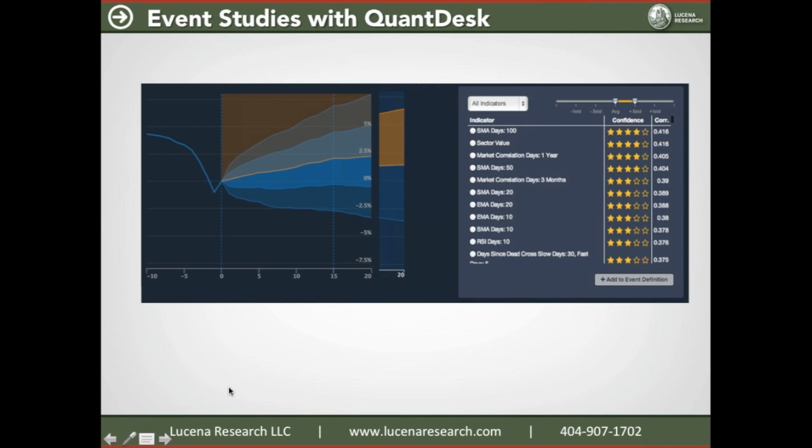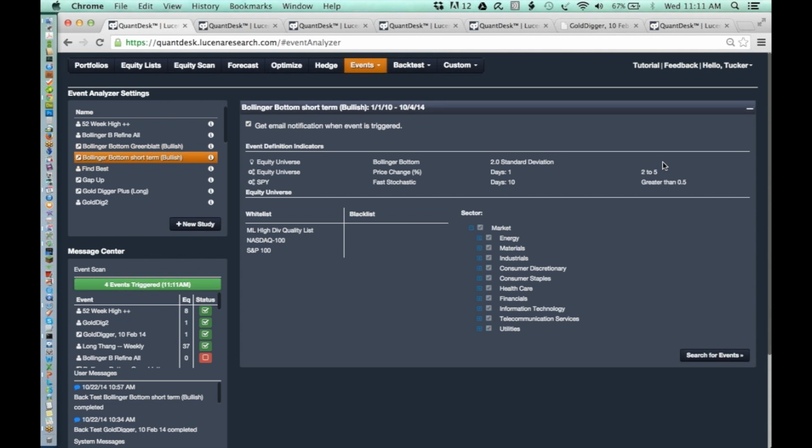Now, within QuantDesk, this is what event studies look like. In fact, I'm going to go right now over to QuantDesk and show you some examples. So this is how we can, within QuantDesk, define an event. This is our QuantDesk platform, and along the top here are the various features you can select. We've selected events, and we're looking now at an event called Bollinger Bottom Short-Term Bullish. And you can see here, these are the factors that we consider.